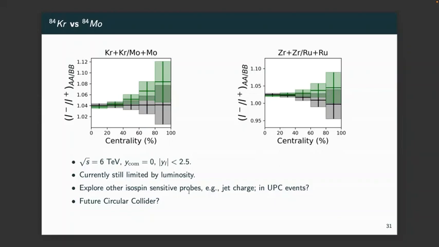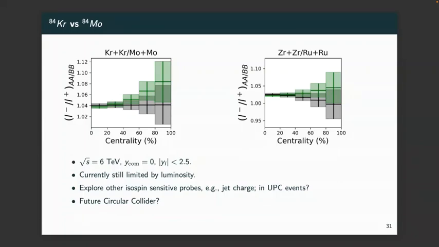You may also consider in the future other probes. For example, if you can measure jet charge to very high precision and use jet charge at higher pT to correlate with the protons and neutrons. This has not been explored, but I think it's still worth trying.